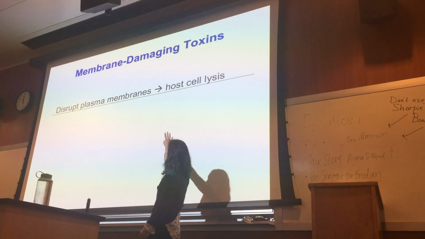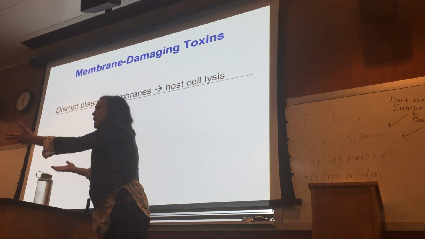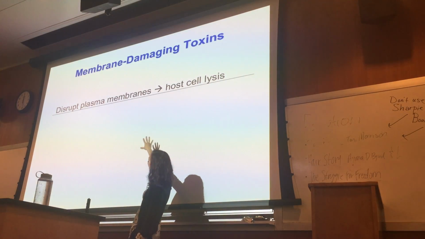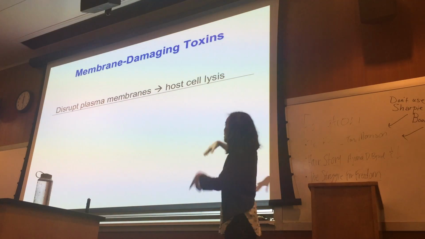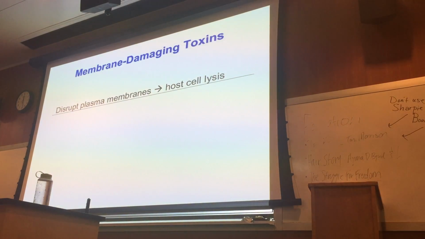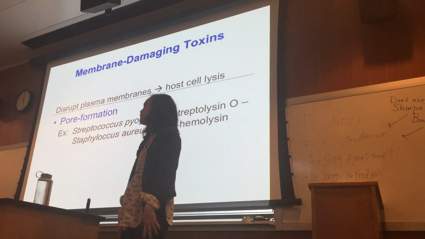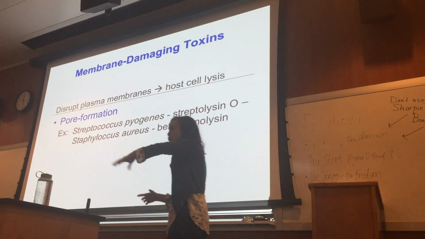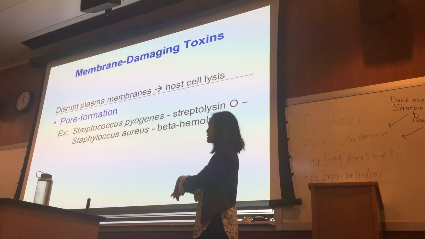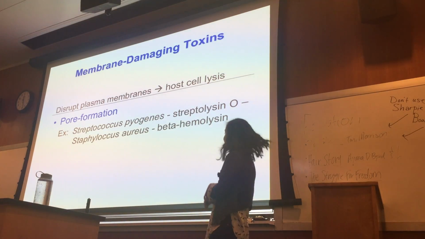So as these toxins get dumped out, usually they'll end up lysing your cells somehow. One way this can work is if a toxin gets dumped out, it can actually disrupt your membranes, causing them to lyse. And the way that they do that is they poke little holes in your membrane. So they form these little pores, and they poke holes. Wherever there's a membrane in your body, they'll start doing that.